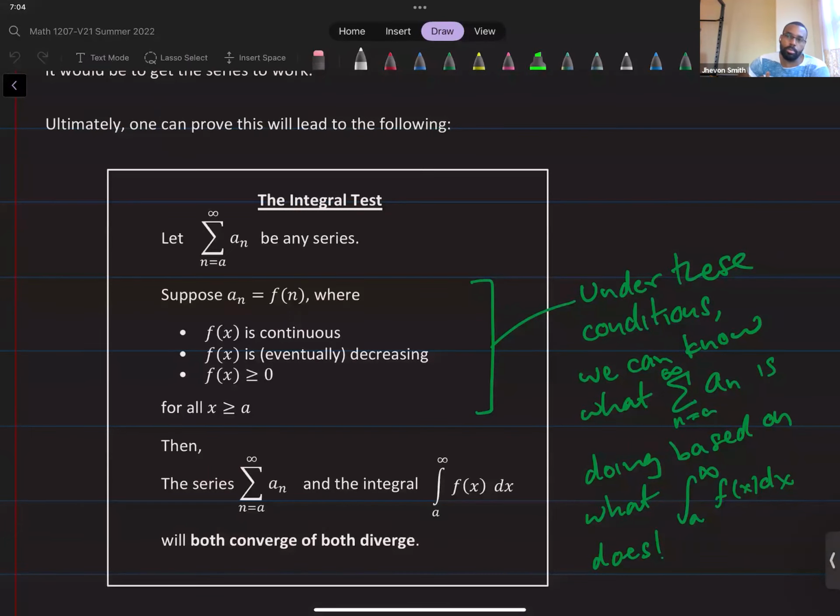If you see these conditions, but f of x isn't something you know how to integrate, then it doesn't make sense to apply this test. That's one of the ways you can know when to use the integral test. If you look at the formula and think, I could integrate that pretty easily, then that will help us determine what the series is doing.